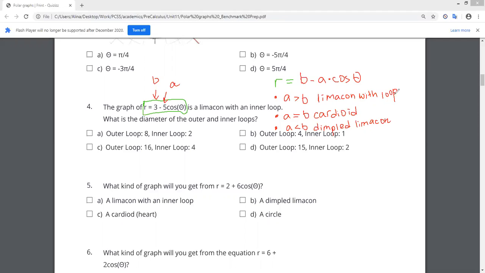Okay, and let's quickly sketch the graph of this. Cosine, we said cosine, which is applicable for all circles, limaçons, cardioids, dimpled limaçons. It will be on the x-axis.